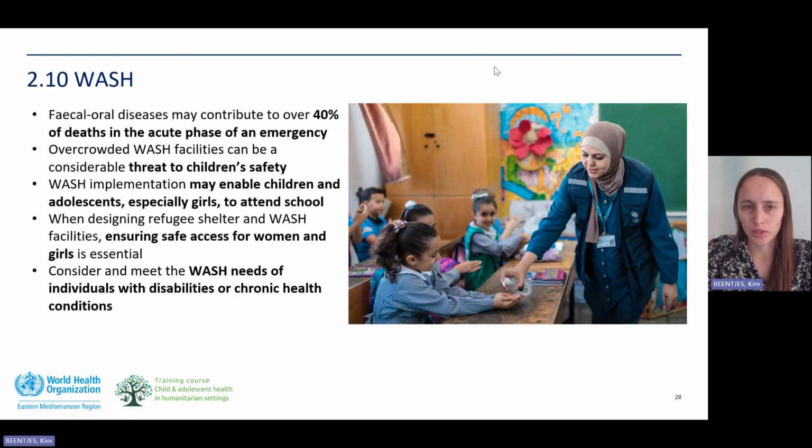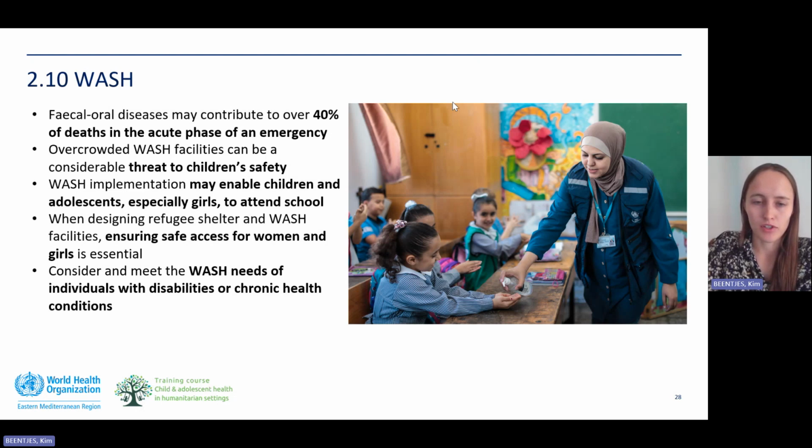Then the last topic on service delivery is WASH. Fecal oral diseases can contribute to over 40% of deaths in the acute phase of an emergency. And overcrowded WASH facilities can be a considerable threat to children's safety. WASH implementation may enable children and adolescents to attend school, and this is especially important for girls.